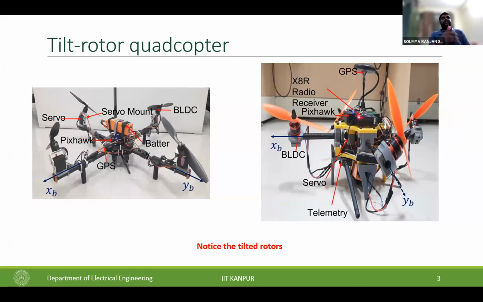Here, instead of doing that, you are tilting the rotors. So you can maintain any attitude that you want and tilt the rotors accordingly so that you can go in a desired XY direction. This tilting of the rotors helps us achieve this additional degree of freedom.